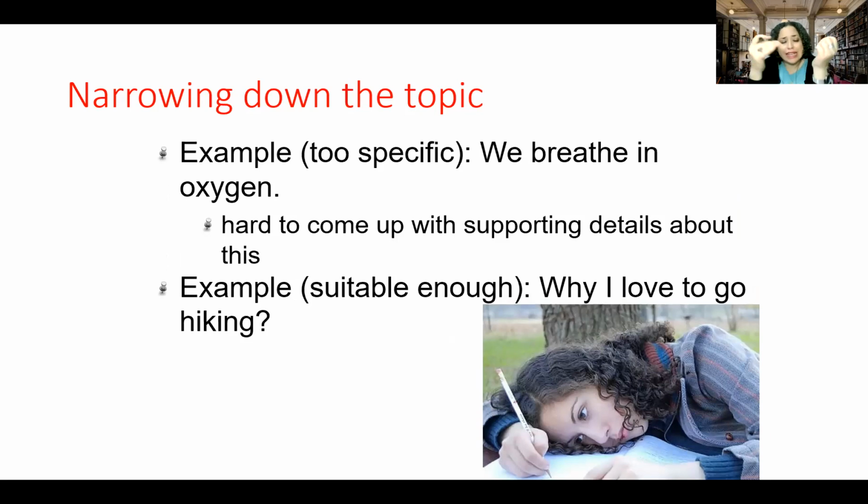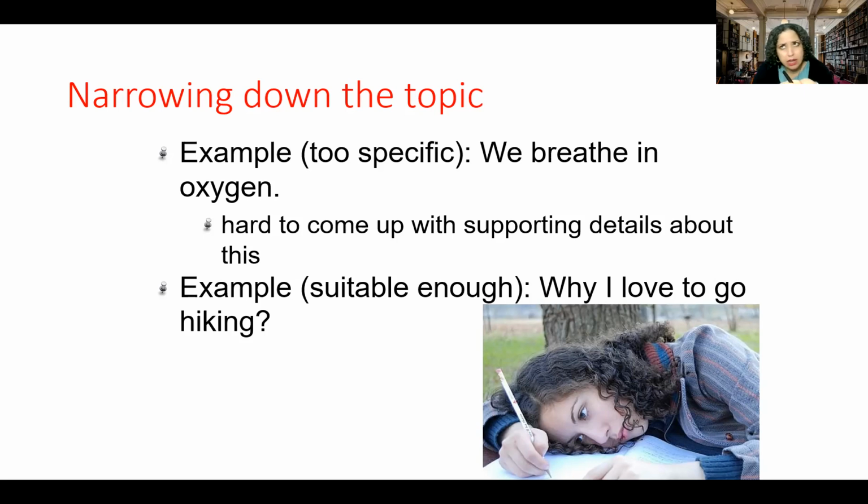And if we take a look at the opposite, when it's too specific, too narrow: we breathe in oxygen. So is that the topic? What can we tell about that? It's hard to come up with supporting details about this.